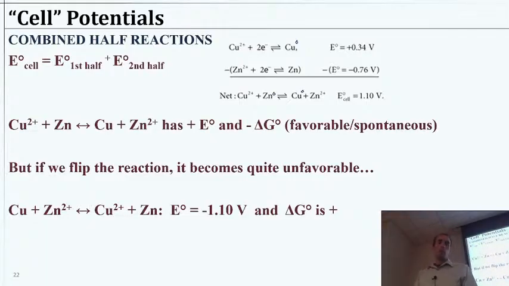That's positive. So we would have to push it to go that way. We'd have to, for example, act like we're recharging a battery and put a lot of energy towards reversing it. So we can see how and why these electrochemical cells can work based on all that. Does that make sense? Good.